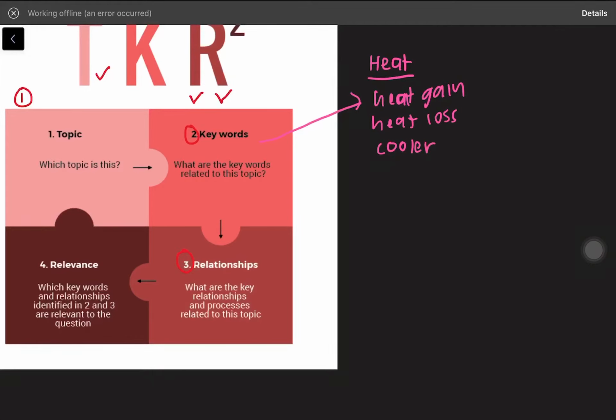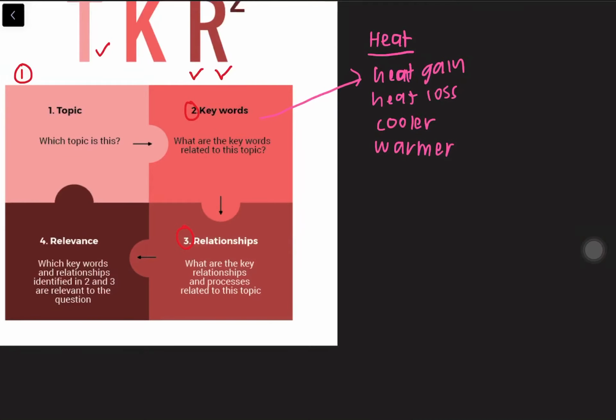Cooler, warmer. So we have words like conductor, insulator, and then evaporation, so on and so on. So these are the keywords that need to be in your answer. However, not all of them are relevant, which we will talk about.